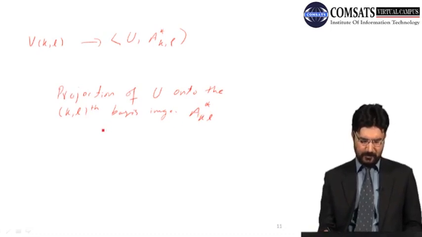This is called a projection of input image U onto the KLth basis image A KL star. This also shows that any input image U of size capital N by N can be expanded using the complete set of N square basis images. So that is the basic purpose of image transformation.